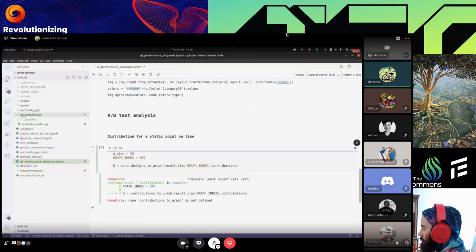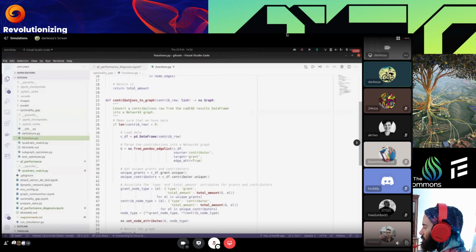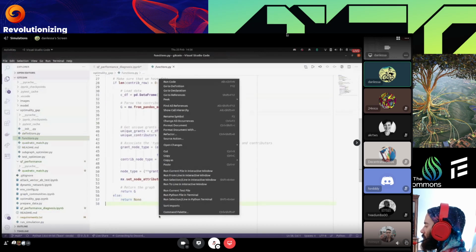So we need that contributions per graph here. I think it's one of the functions here. I'm just going to copy and paste that. It's simple, clear.